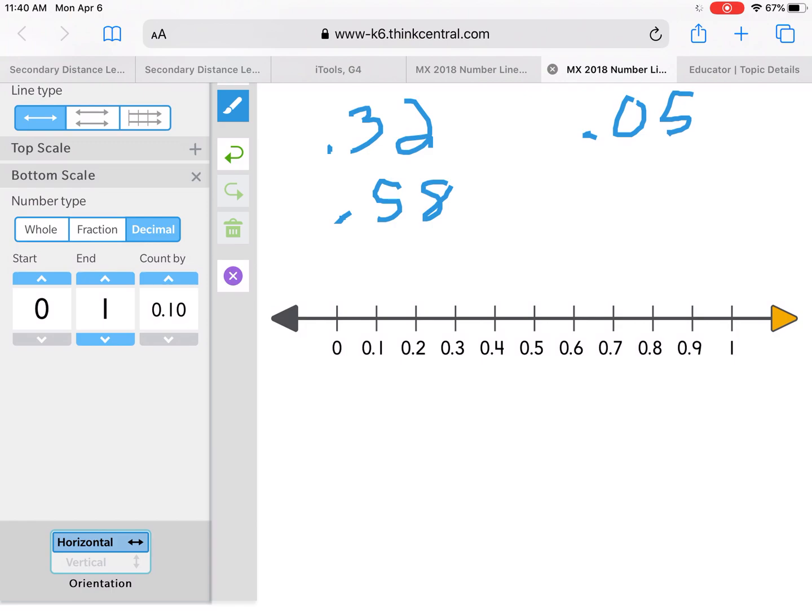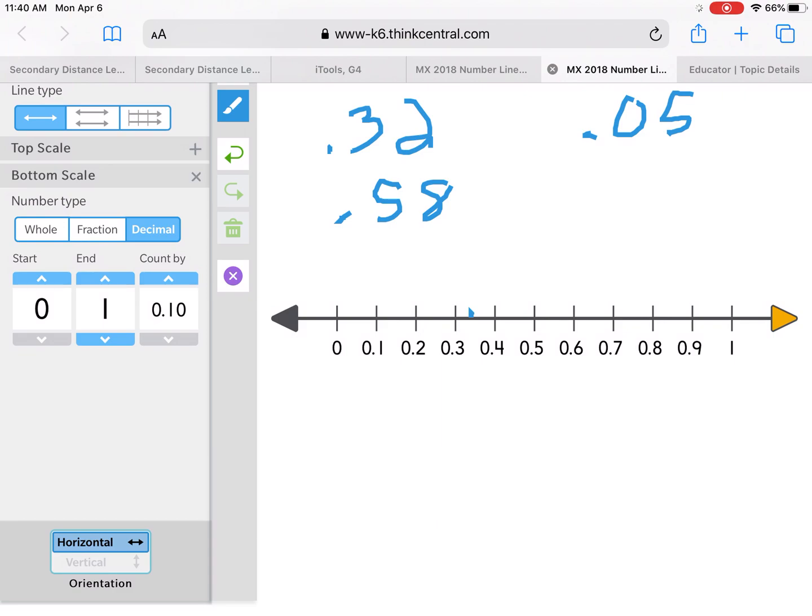You should see that the 32 hundredths is going to be positioned between the 3 tenths and 4 tenths, somewhere in this range. 3 in the tenths place positions it between the 3 and the 4, and it's just a little bit larger than 30 hundredths.